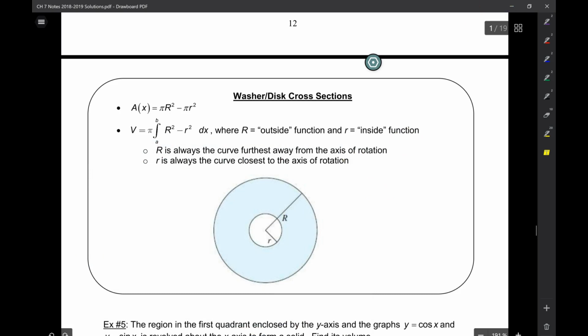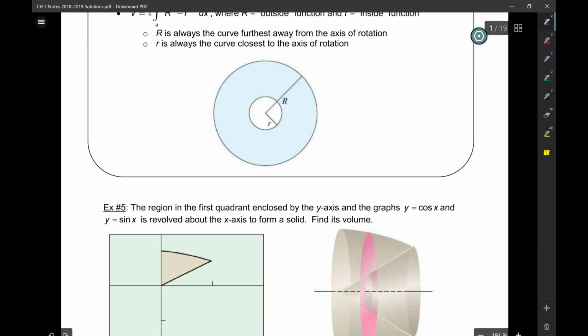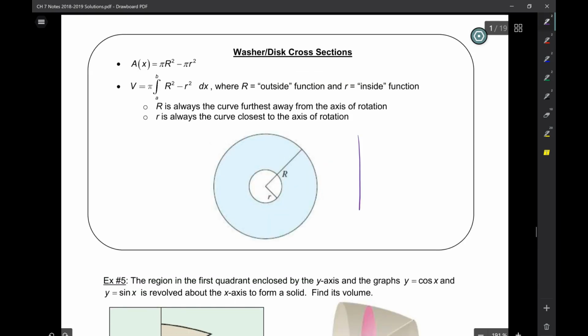As you saw, if you have two functions, then when that region is revolved around one of the axes, you've got a little empty space in the middle when you take a cross section. So for example, suppose this is your y-axis and this is your x-axis, and you've got one function here and another function here.